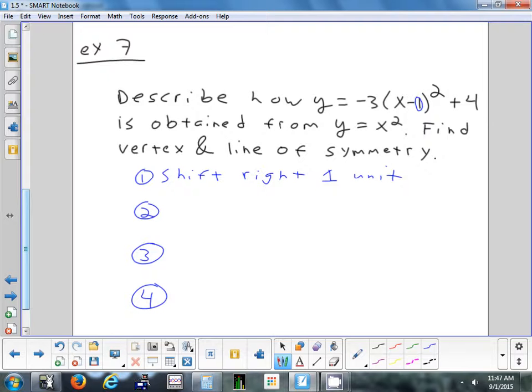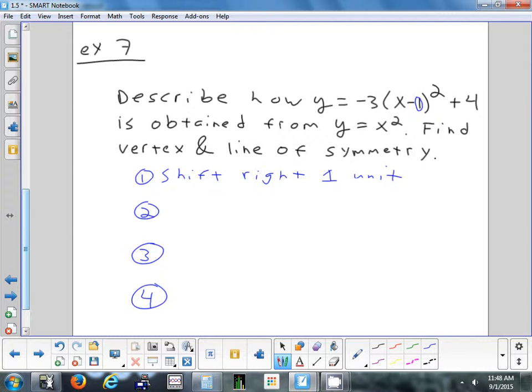Now the next thing we're going to do is what's right on the outside of the parentheses, the negative 3. Let's start with the 3. Keenan, what's the 3 going to do? I want to say bring it left as 3. Once we've done the horizontal shifting, nothing else is going to shift it horizontal. So your choices are either it's going to be vertical stretch, a reflection, or vertical shift up or down.